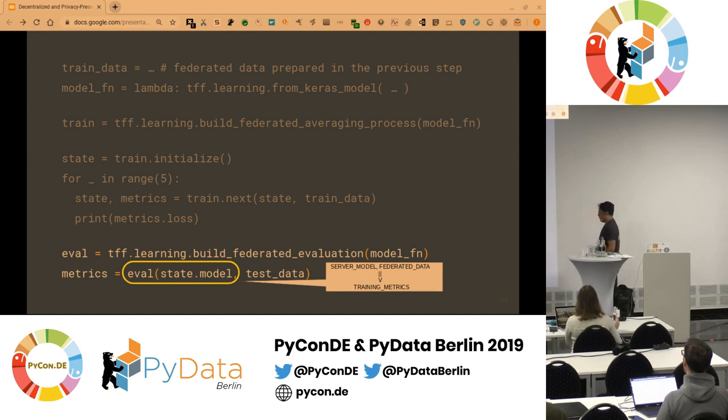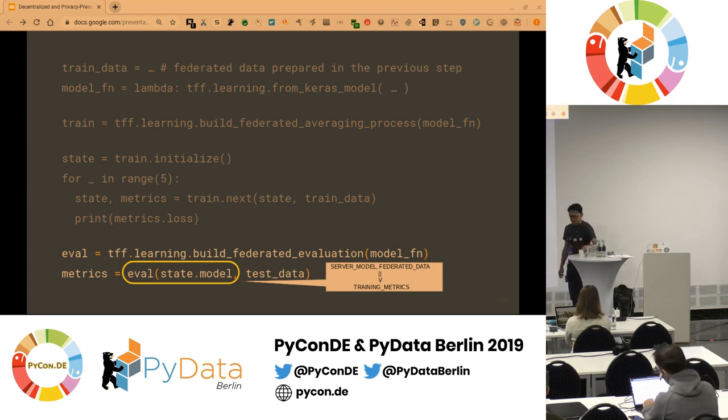And basically you're taking that model. So evaluation models are not the same as train models. I'm not going to go into detail about that, but basically it doesn't need all that a trainable model needs. A trainable model is the way it's represented in TensorFlow Federated internally.